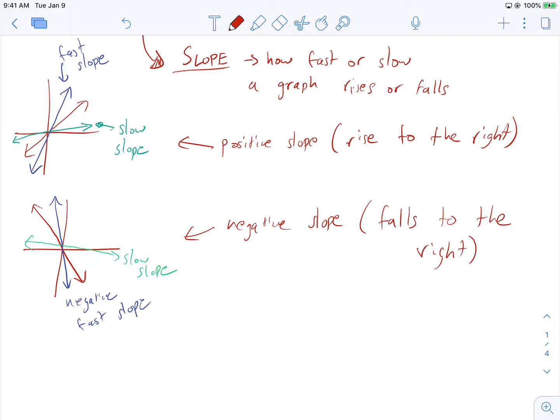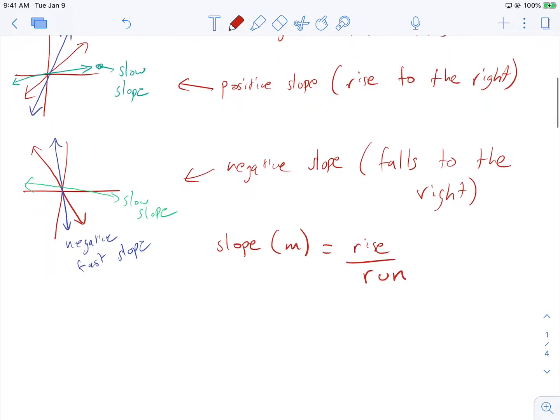So the way we find our slope, which is also called the letter m, is a formula called rise over run. And what rise over run means is if we have this graph here, and this point is point 0, 0, and maybe this point over here is 2, 2.